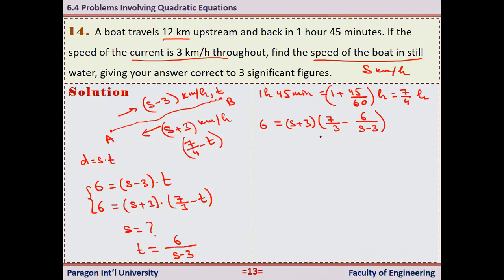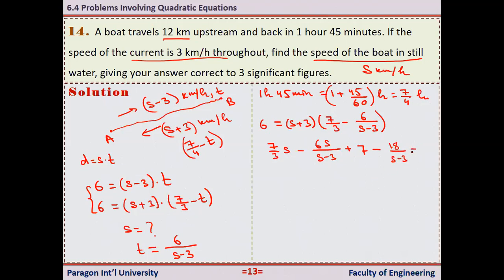And hopefully this equation is reducible to a quadratic equation. First, if we expand, s times 7 over 4 is 7s over 4, and s times the other term is minus 6s over s minus 3. And 3 times 7 over 4 is the constant term, minus 3 times 6 over s minus 3, that is 18 over s minus 3.